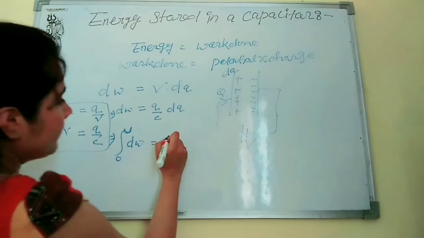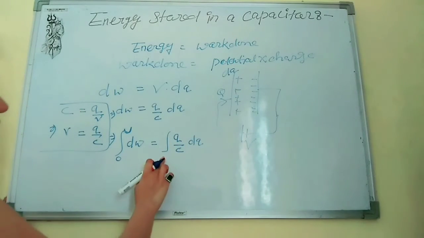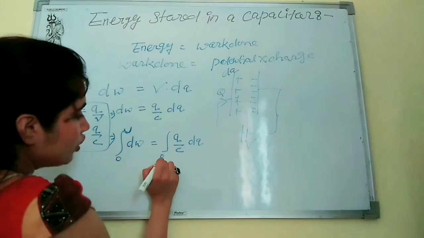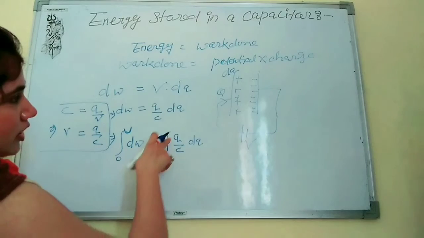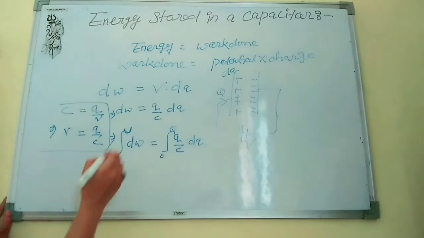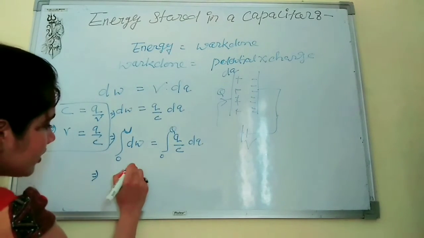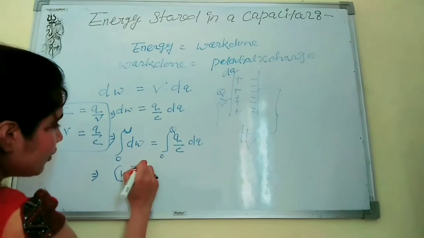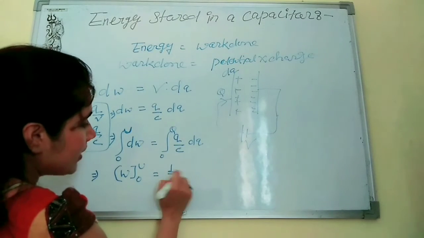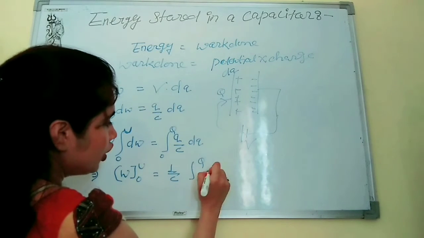And here we will take the limit 0 to Q, the whole charge, capital Q. So initially it is 0 and then it moves to Q. Then final is Q, capital Q. So simply we will integrate it. So here we will get the integral of dW with limit 0 to U. And here this will come out, that will be 1 by C. This is constant. And Q dQ.